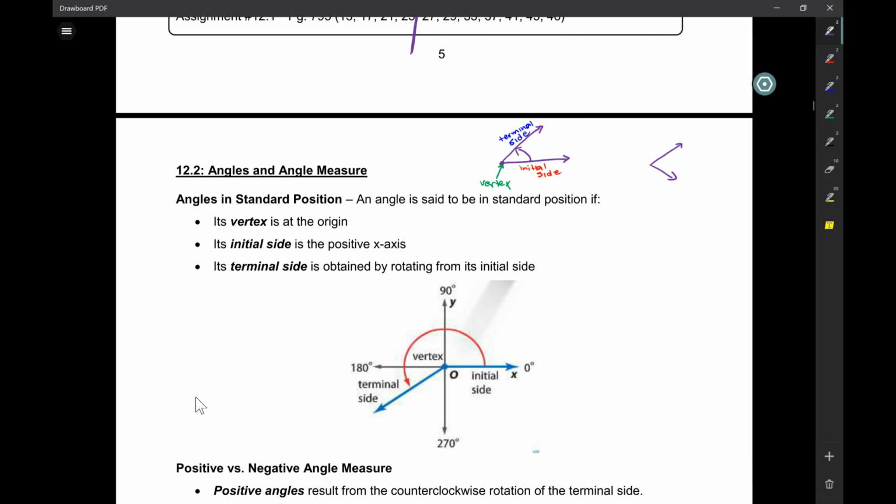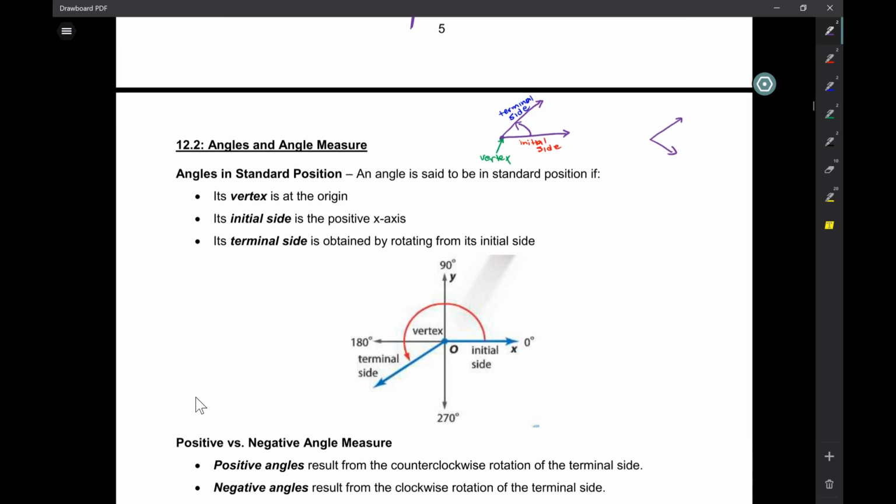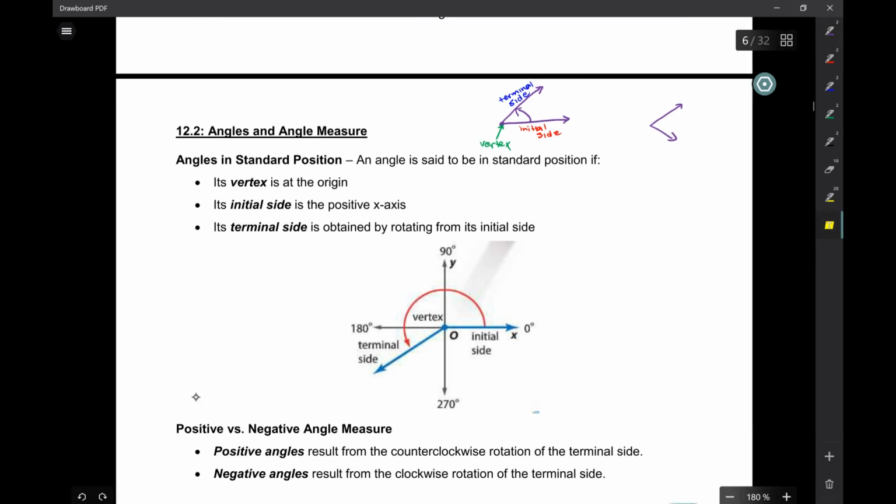However, it is a lot more meaningful in this context, starting now and moving on to upper level math, if we were able to lock that down in a particular orientation. So let's move on to what it means for an angle to be in standard position.